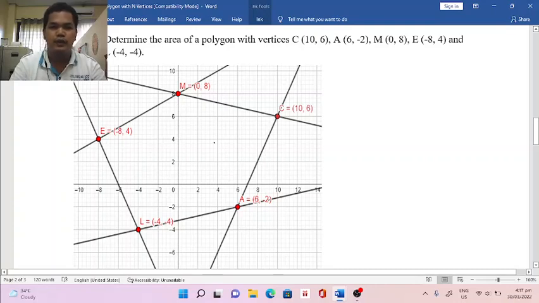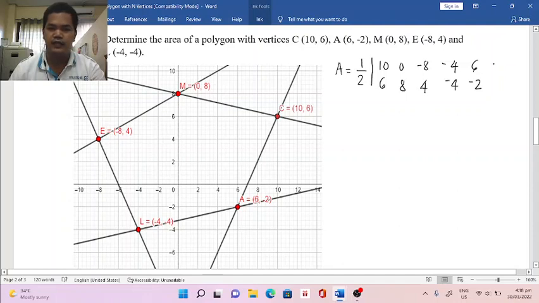So what we're going to do is follow C, M, E, L, and A. Thus, let us apply this in our formula. A is equal to 1/2, 10, 6, 0 and 8, negative 8 and 4, negative 4 and negative 4, and then 6, negative 2, and then we have to go back again to 10 and 6.